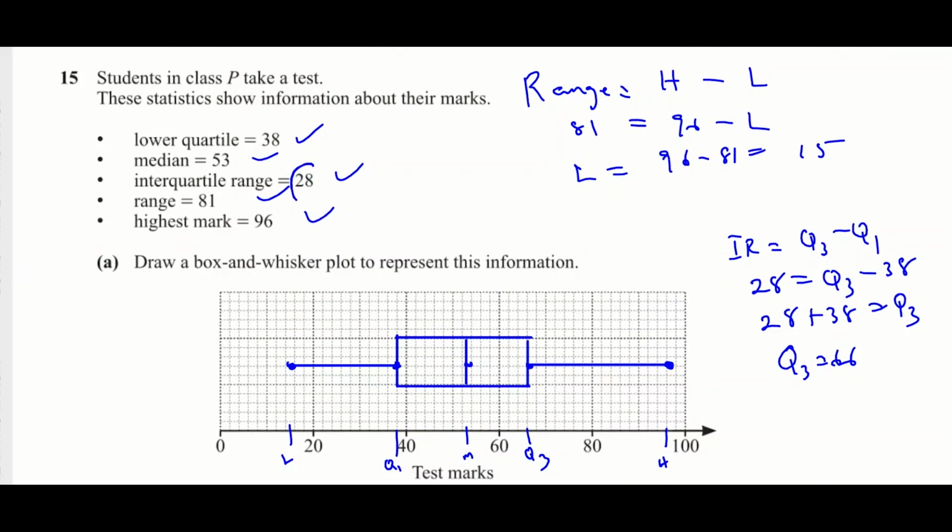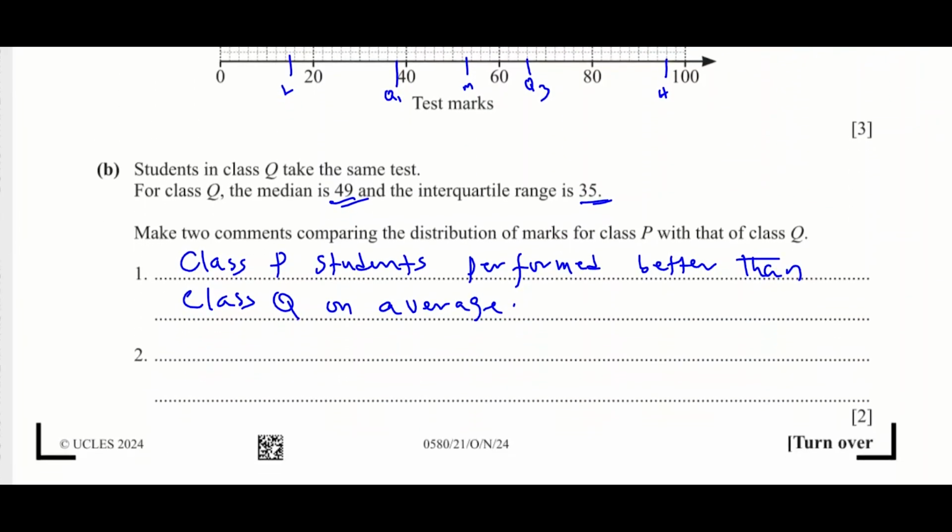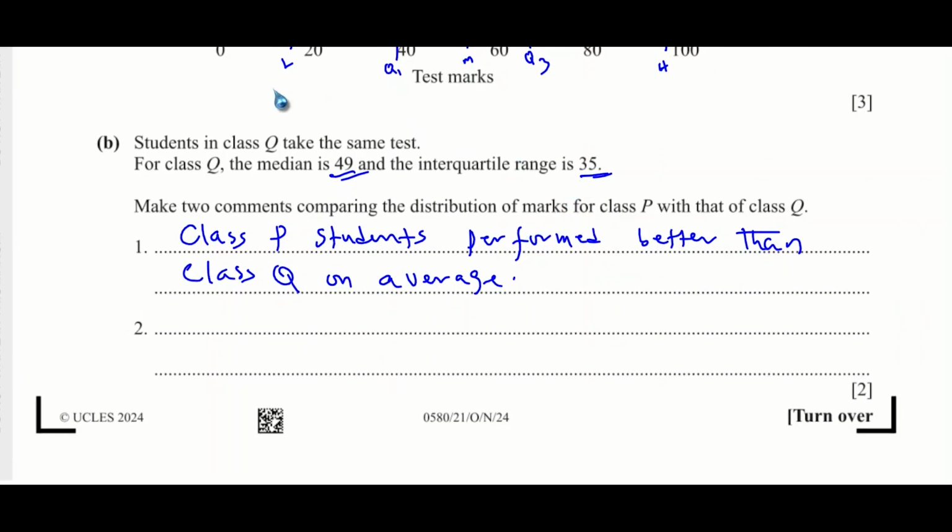So for class P, the interquartile range is 28, and for class Q, the interquartile range is 35.